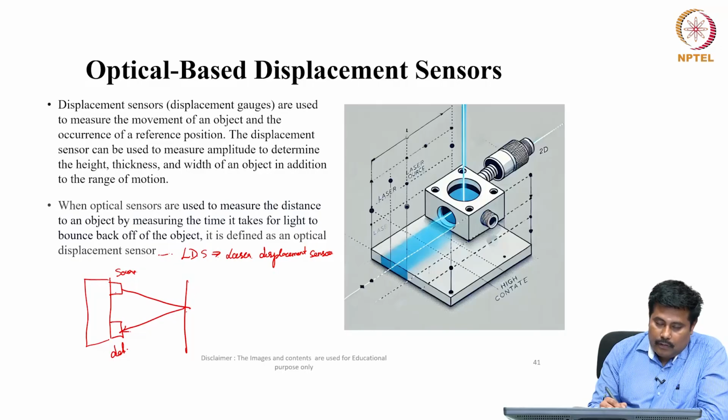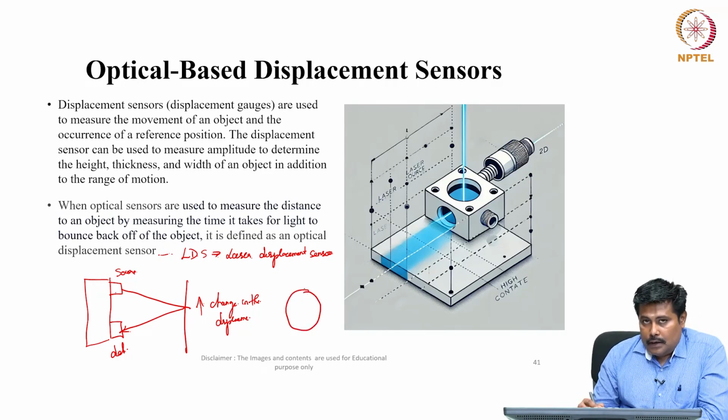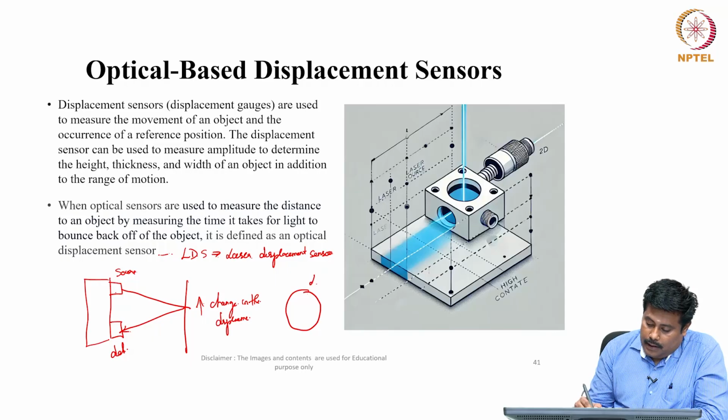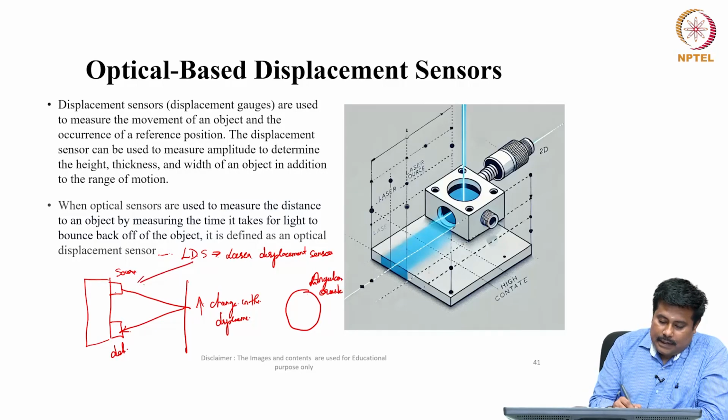Now, for example, if I want to measure the change in displacement, or there is a circular disc, and in this circular disc I want to measure the linear angular orientation, these kinds of LDS sensors can be deployed.